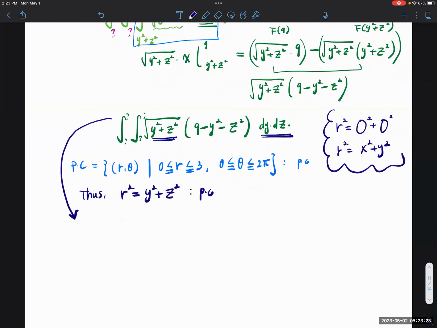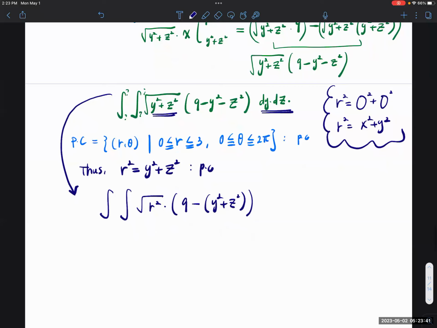So we can do the integral, and y squared plus z squared is going to be r squared. And then 9 minus, I can factor out the minus, y squared plus z squared. And according to the polar system, there's an r at the end, and you have dr and d theta now.